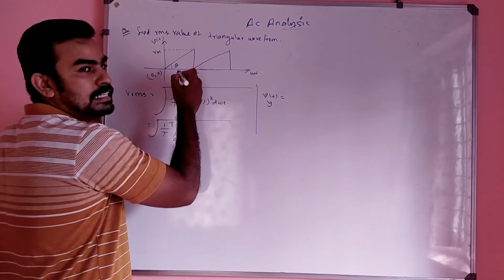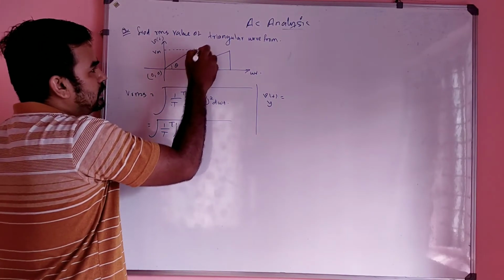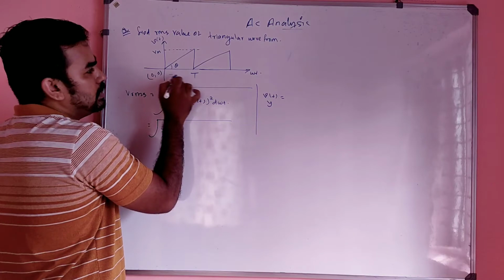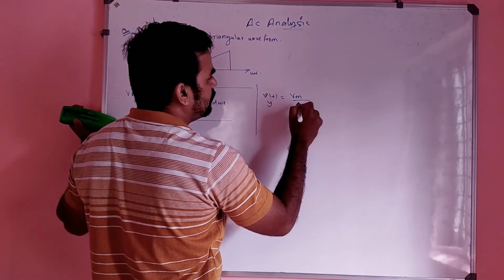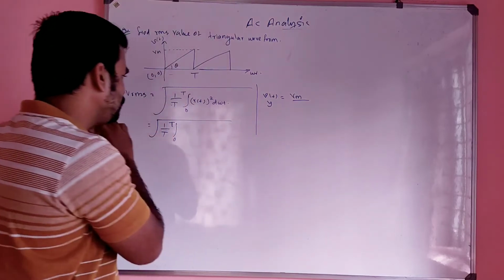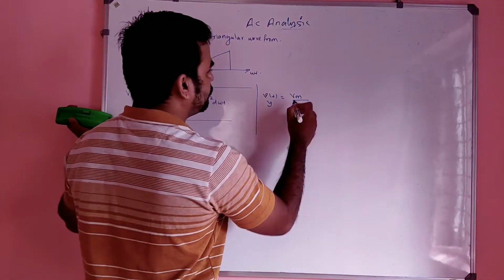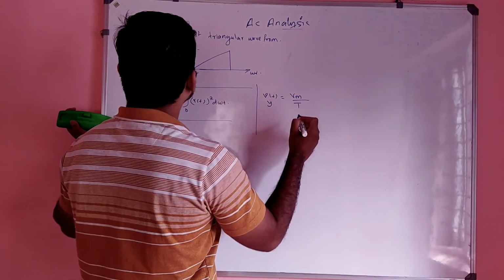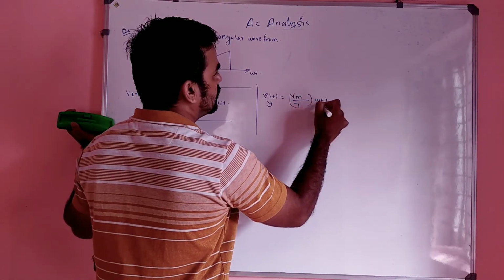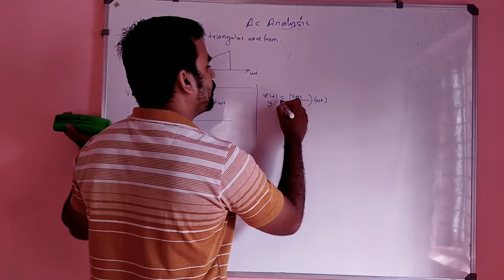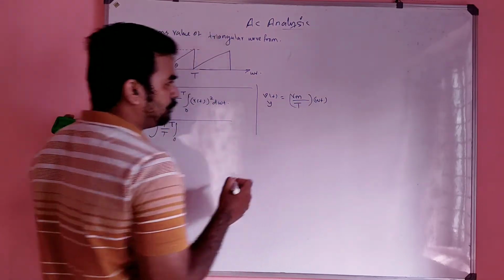M is nothing but tan theta, which is this term divided by this term. This term is nothing but Vm. I think this problem we have already done, no? So v of t is Vm by T into omega t, right?